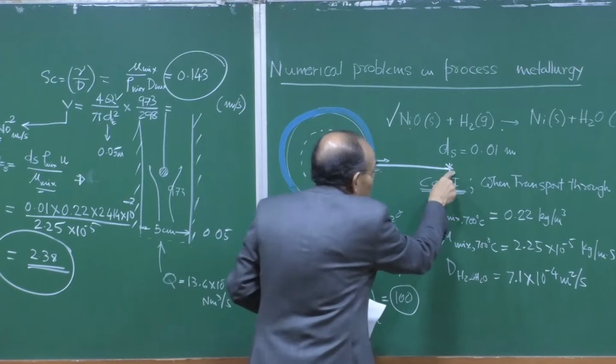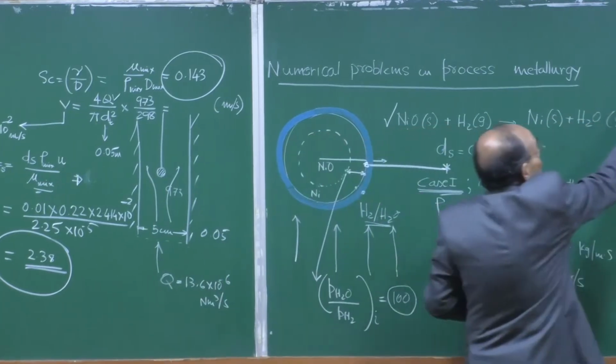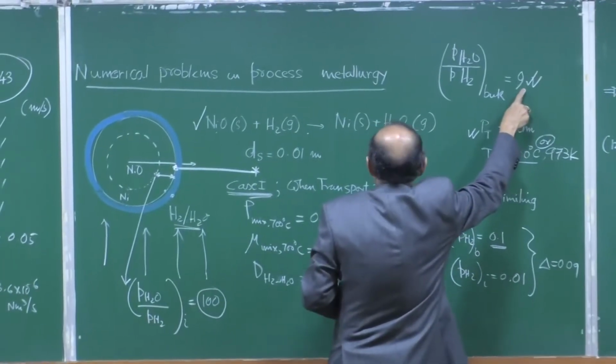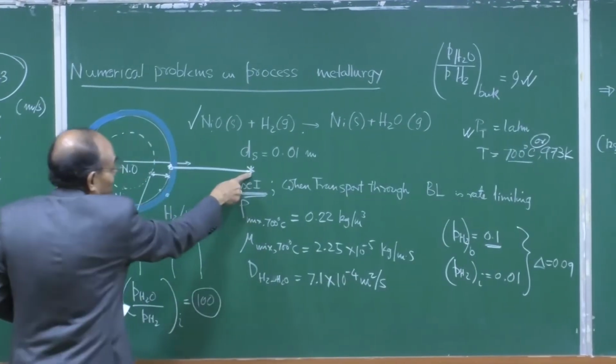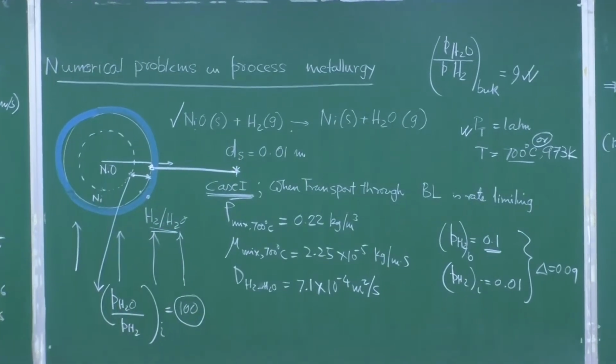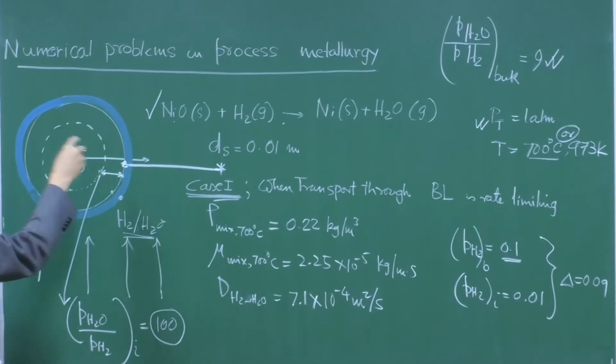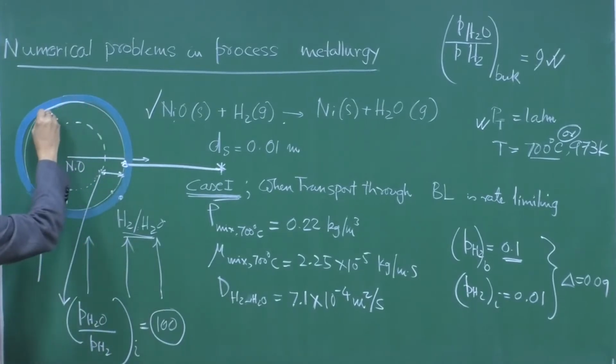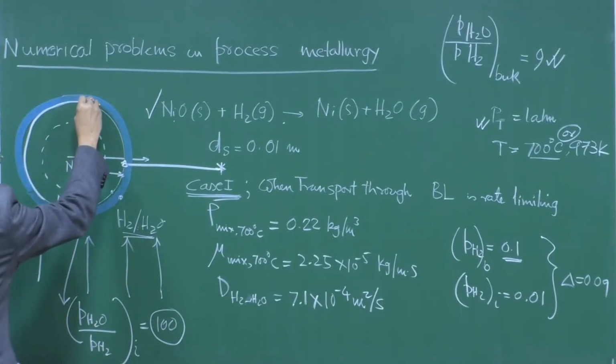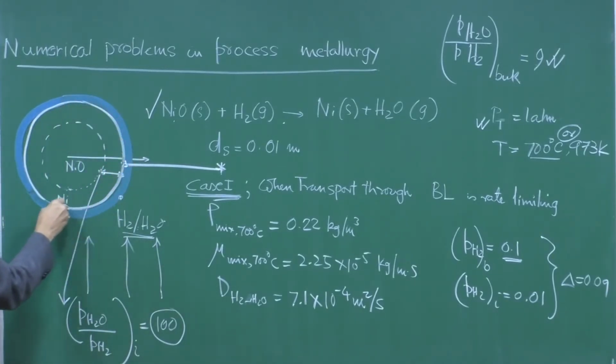So, that prevalent concentration of pH2 by pH2O, which is given to be 9, can be assumed to be present right up to the surface of the solid, simply because we have assumed that diffusion through the concentration boundary layer is not the rate limiting step.